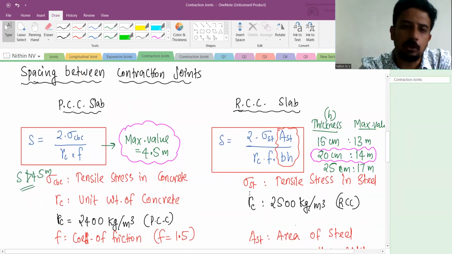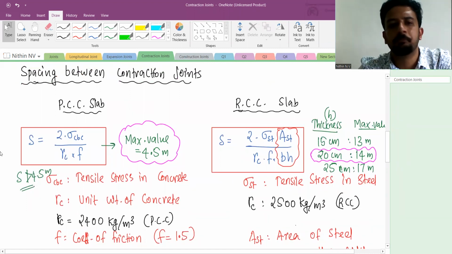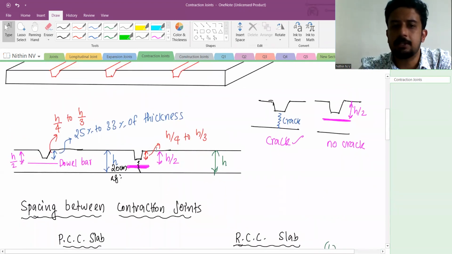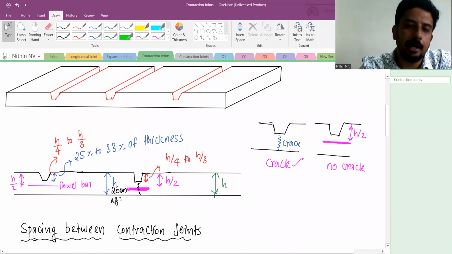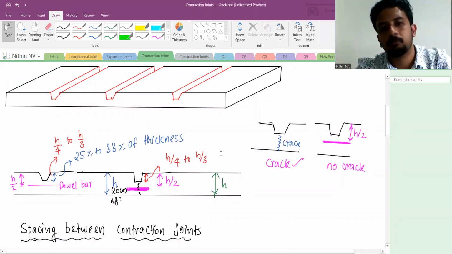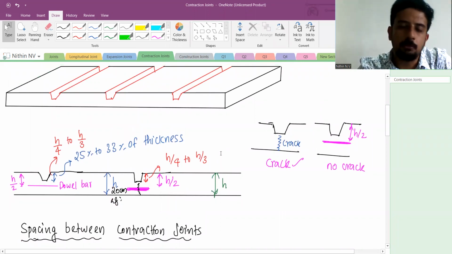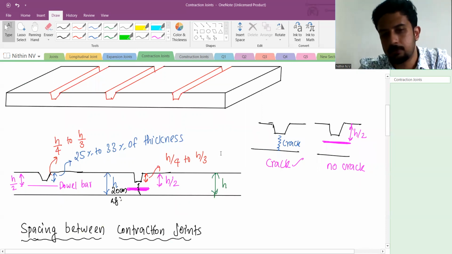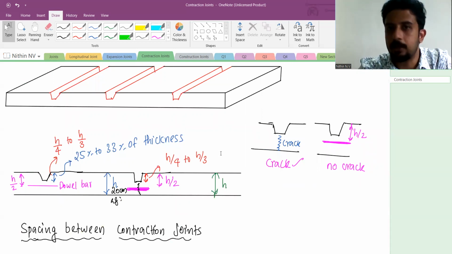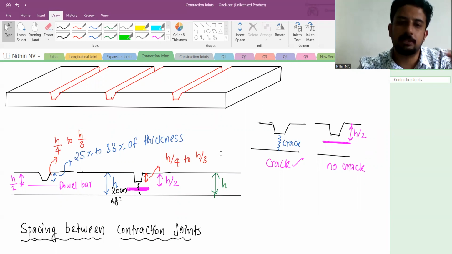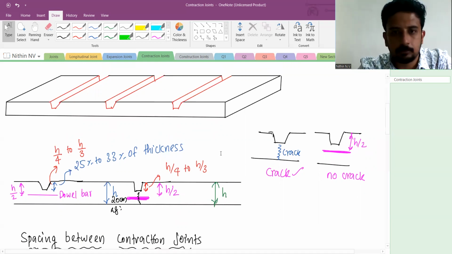For contraction joints, two things are important. One is the spacing between the contraction joints. The second is the size or dimension of the cut, h by 4 to h by 3, and the dowel bar is placed at h by 2 depth, or mid thickness of the slab.